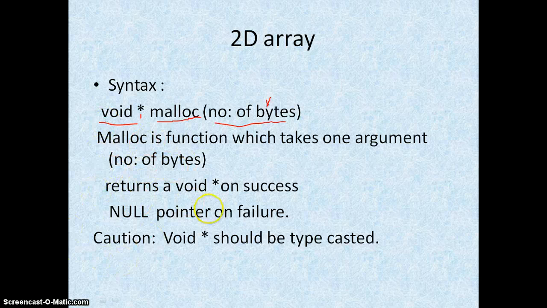On success, it returns a void pointer to that block of memory. If memory is not available, then malloc will return a null pointer. Null is actually a pointer or a macro, and we don't want to go into detail about what null is. The one point we have to remember is that this void pointer needs to be typecast.